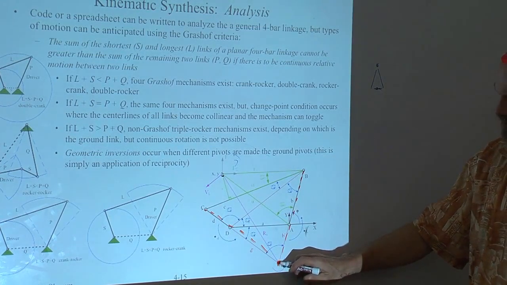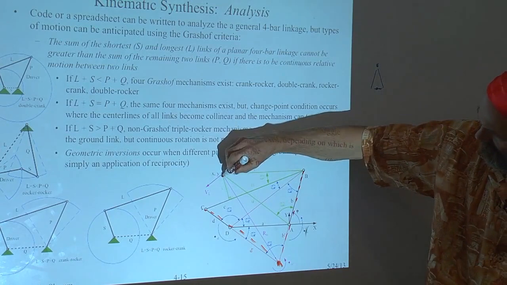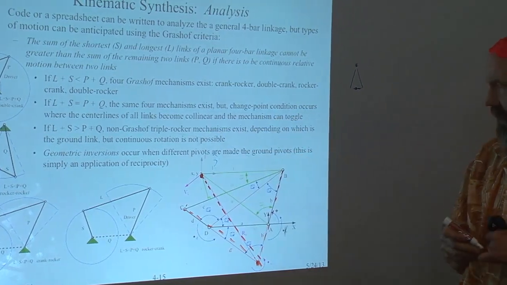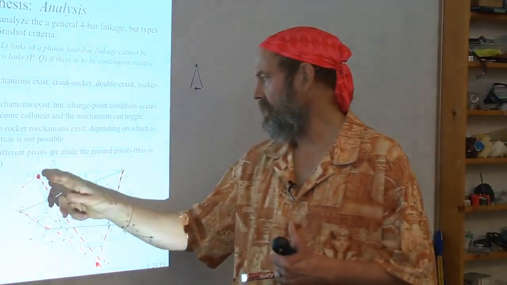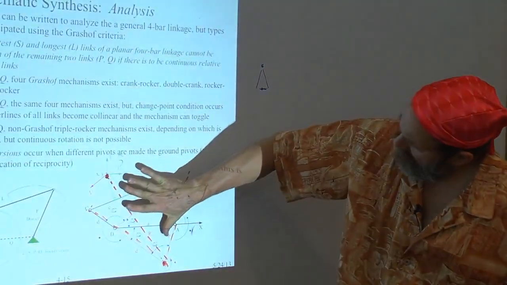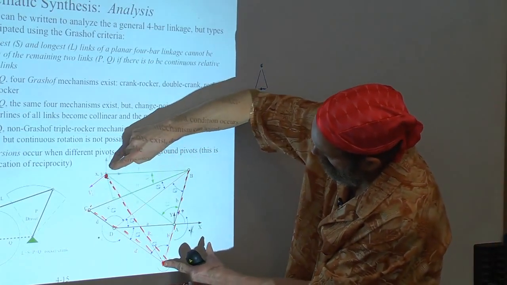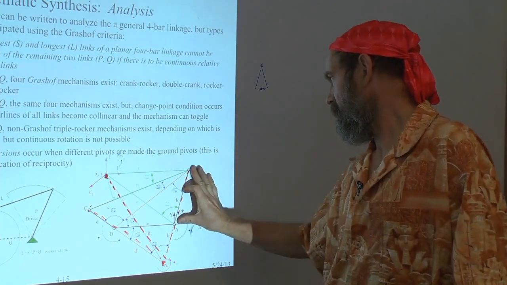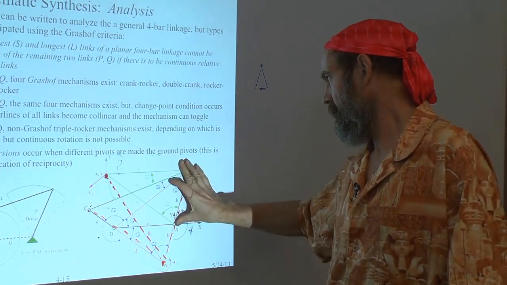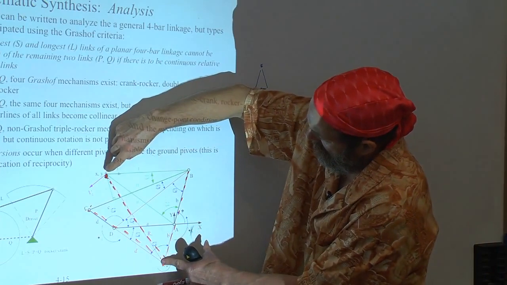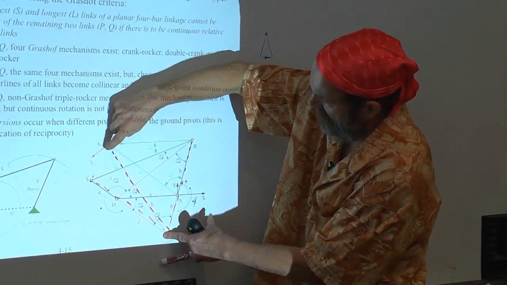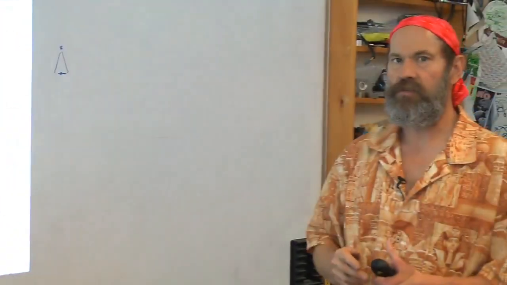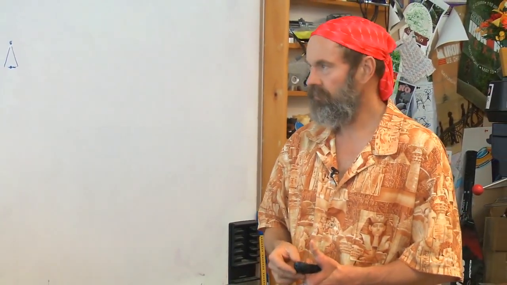When I find this instant center and I connect it to this point on the coupler, for that instant in time, this point on the coupler is rotating about this arc. So when I'm wiggling this crank over this length here, it's moving a little bit. Very, very powerful law. Okay? Fantastic for synthesis and analysis of linkages.